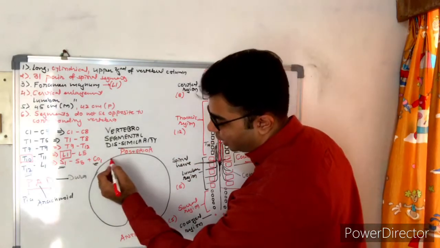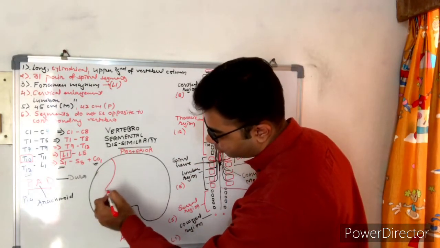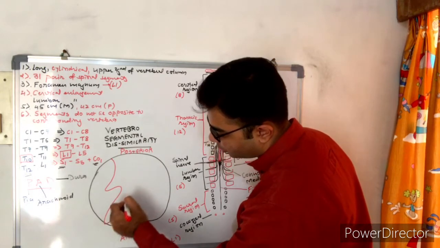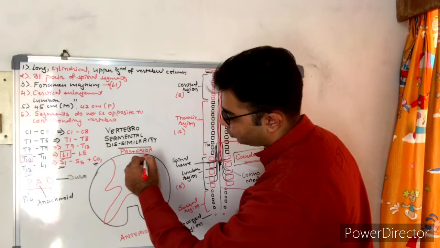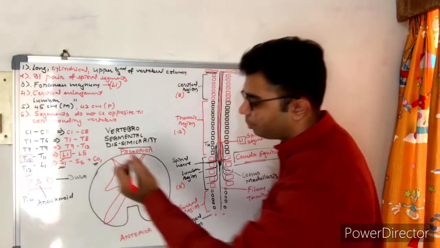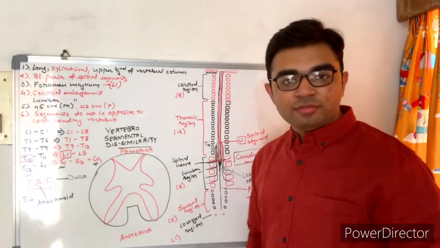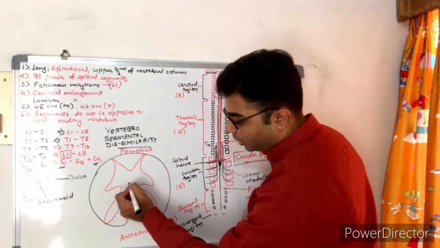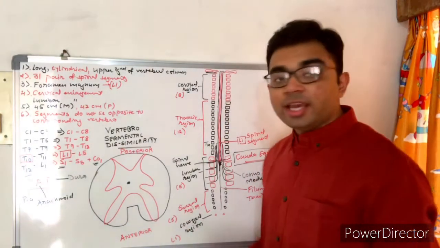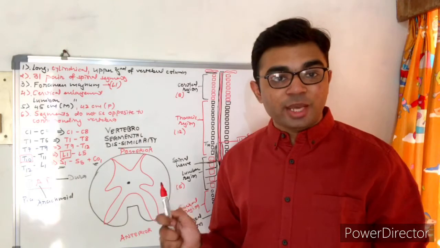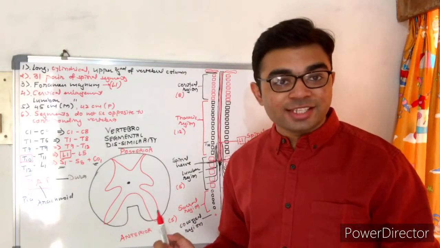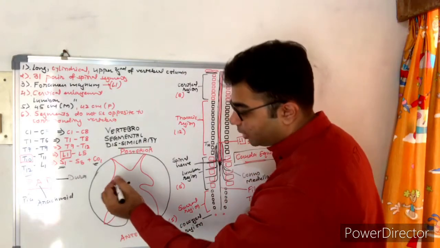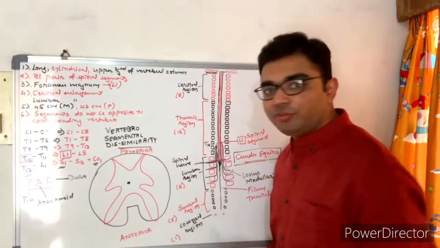So the H-shaped, or I can say the butterfly-shaped grey matter lies in the center, and in the center portion of that lies the spinal canal, which is filled by the cerebrospinal fluid, that is the CSF.